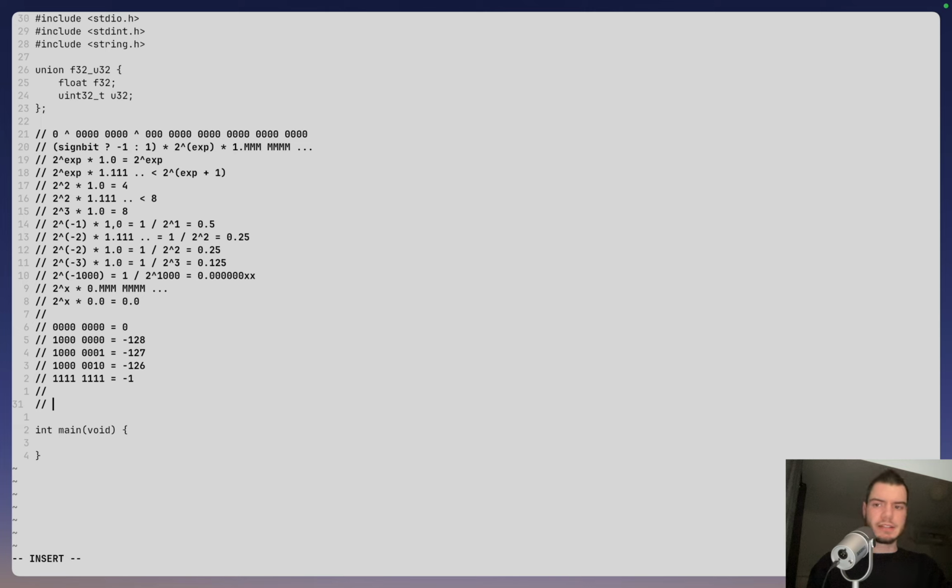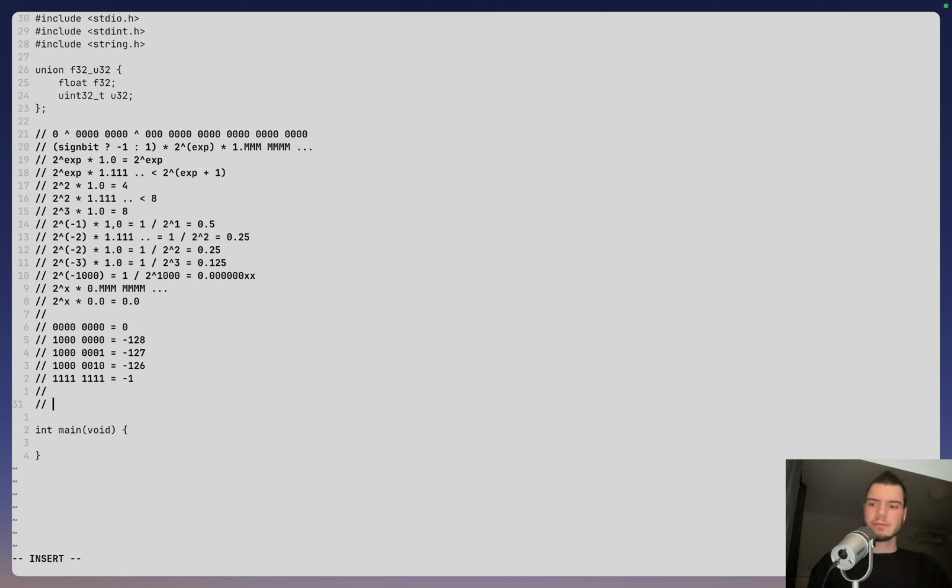It's represented in a biased representation, meaning that to get its actual numeric value, you take the bit value, convert it to an unsigned integer, and then you, in this case, subtract a certain value from that. And that certain value, the bias, in this case, is 127.